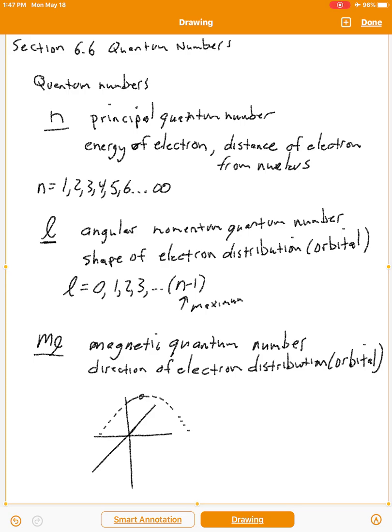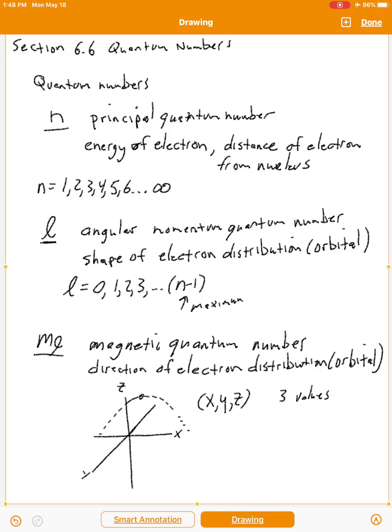In order to properly determine where that ball is and which direction it's moving, you need 3 values: you need x, you need y, and you need z. We need to know where it is on the x-axis, the y-axis, and the z-axis. So we need 3 values to identify the trajectory of that ball.